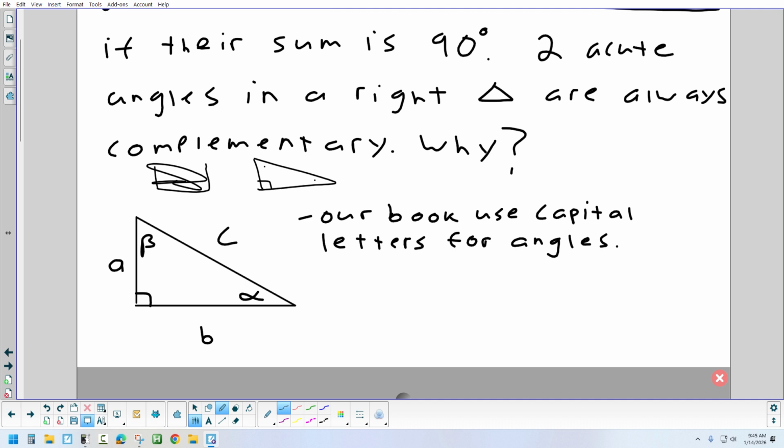When we set up the diagram, it is important that this Greek letter, which is alpha, is always across from A. You always want to keep those across from each other. And this Greek letter, beta, is always across from B. Notice I didn't use a third Greek letter because I don't need to for now because it's a 90.